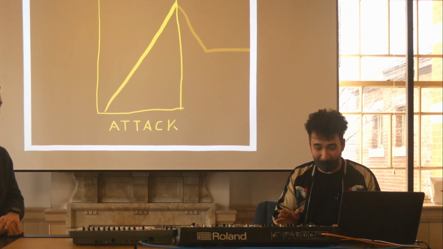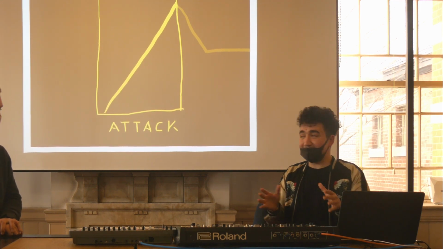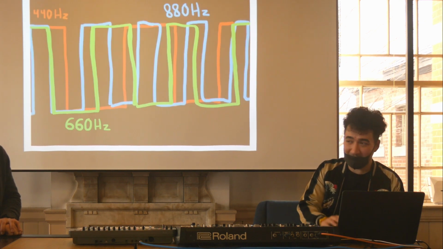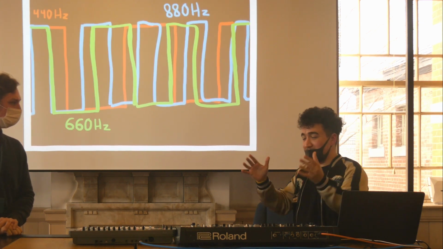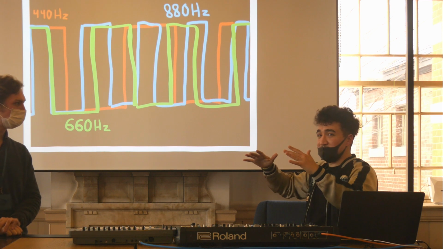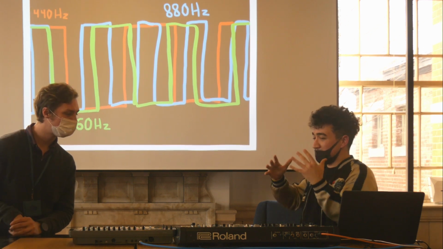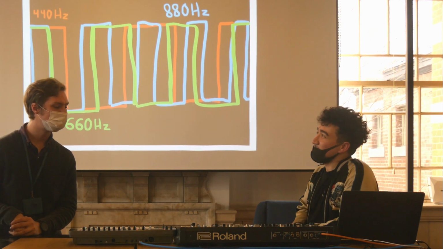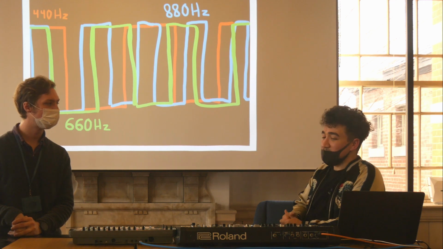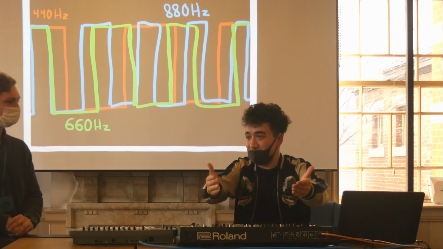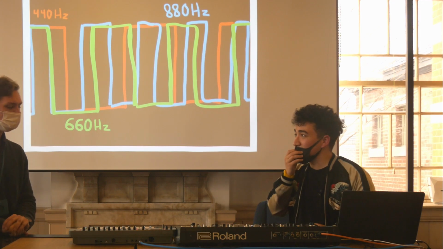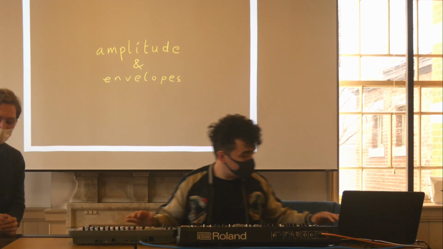The envelope is taking the waves and creating a shape for them to rest in. It controls how the sound comes out of the synthesizer, so let me show it instead of talking about it.